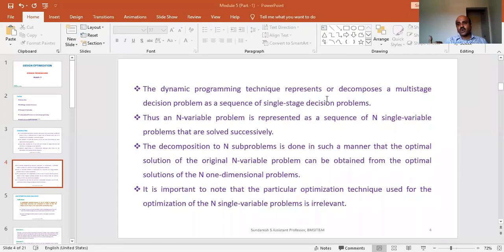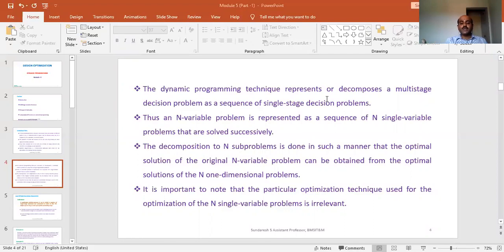We will go on to discuss how we can decompose the multi-stage problems into a sequence of single-stage decision problems, how we can arrive at the optimization of each single-stage decision problem, and how it can lead to the optimization of multi-stage decision problems.